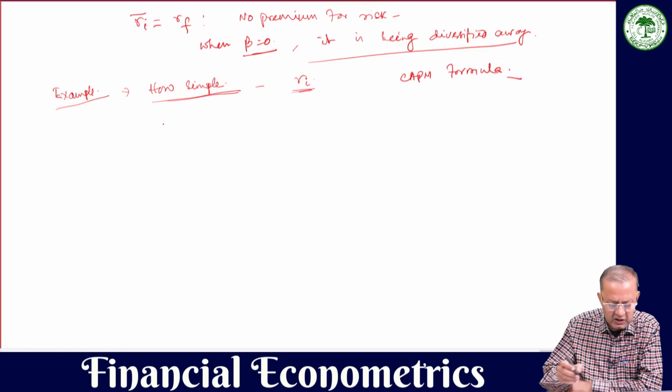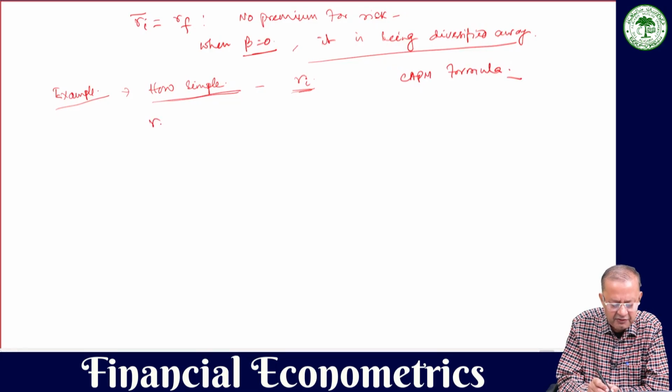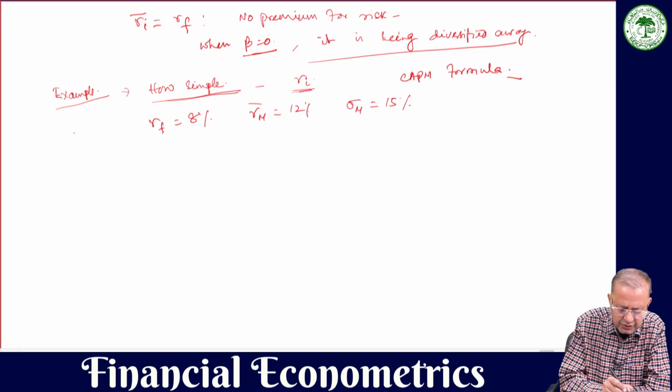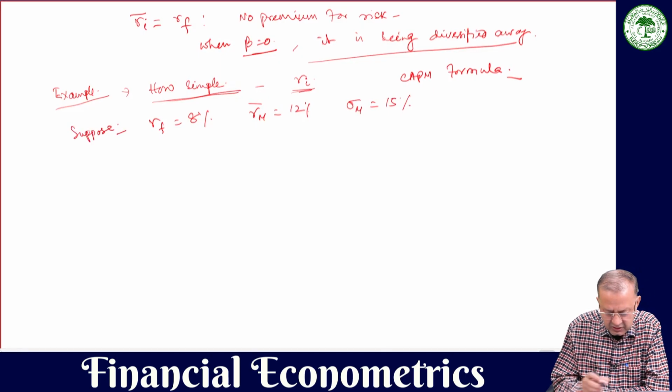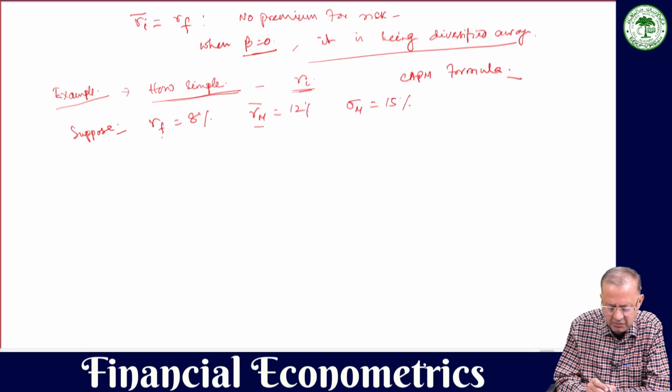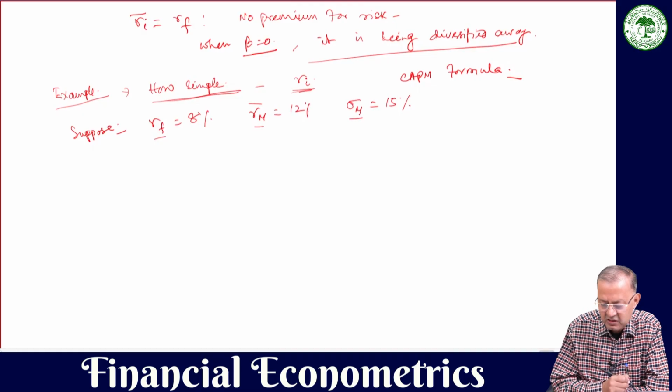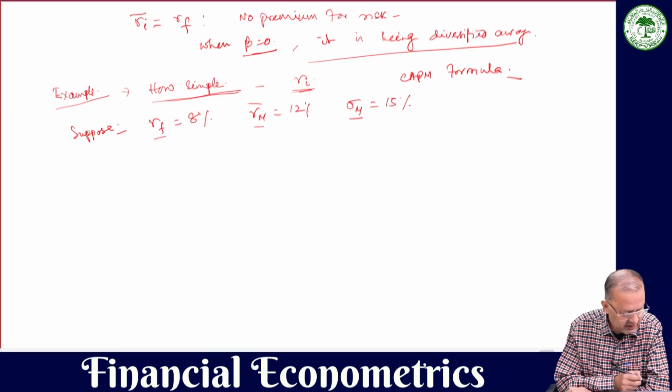Suppose the return on the fixed asset Rf is equal to 8%, and the return on the market asset is 12%. Suppose we are taking a hypothetical example. So the average rate of return on the fixed asset is this much, and the standard deviation of the market asset is 15%.